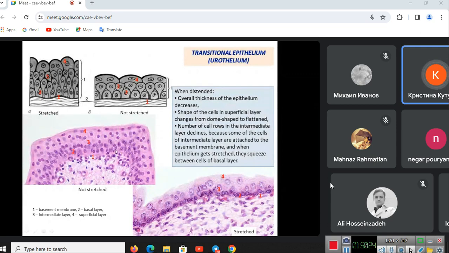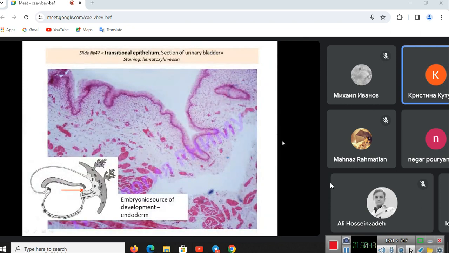Also, overall thickness of epithelium decreases in stretched condition, and also the shape of the superficial cell layer changes. So in superficial layer, cells become more flattened. Here, this epithelium we see in the section of urinary bladder.